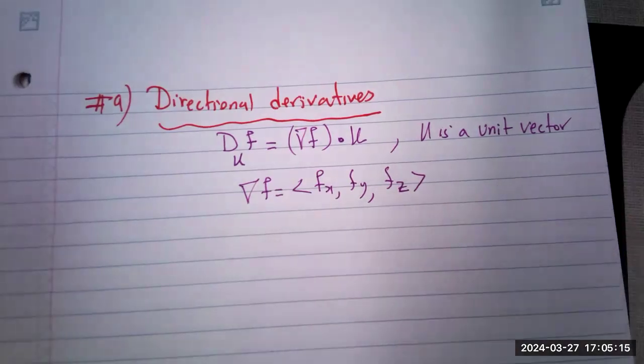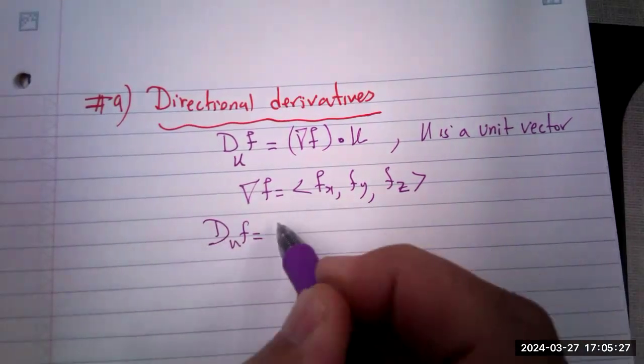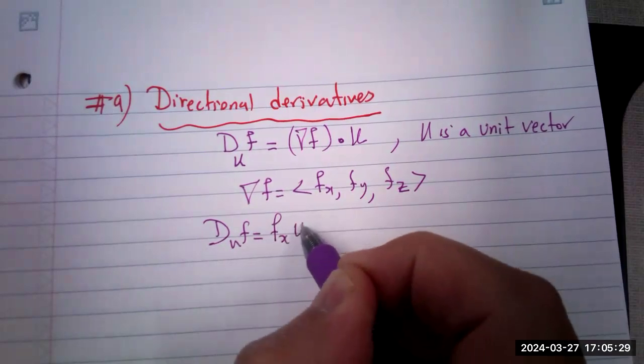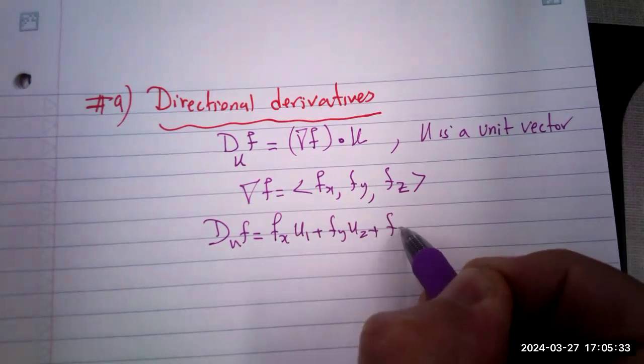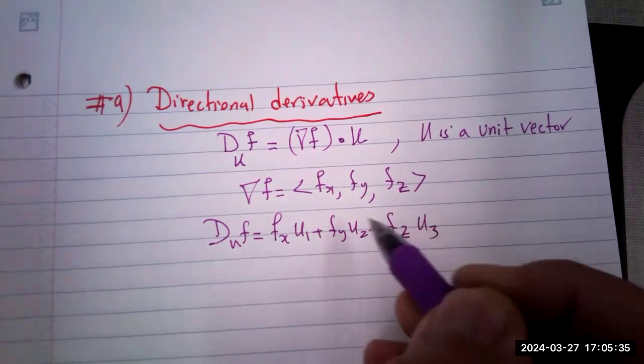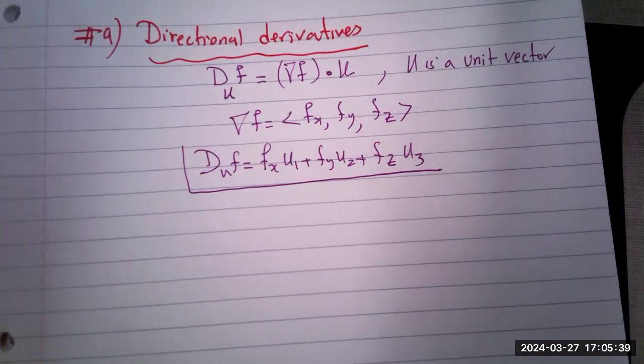That's it. If you don't like this formula, you can write it down in expanded form right away. We don't mind. Without the gradient notation, it is f sub x u1 plus f sub y u2 plus f sub z u3. So this is going to be the directional derivative.